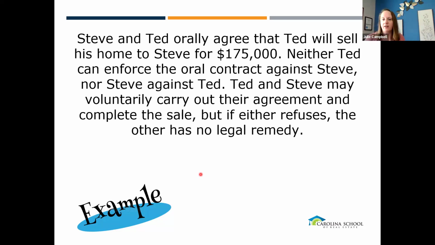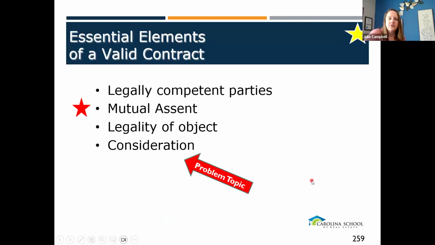So these essential elements, if you take a contract to a judge and ask the judge to determine the validity of a contract, what the judge is looking for is legally competent parties. The parties, in order to complete the terms of the contract, must be of age.